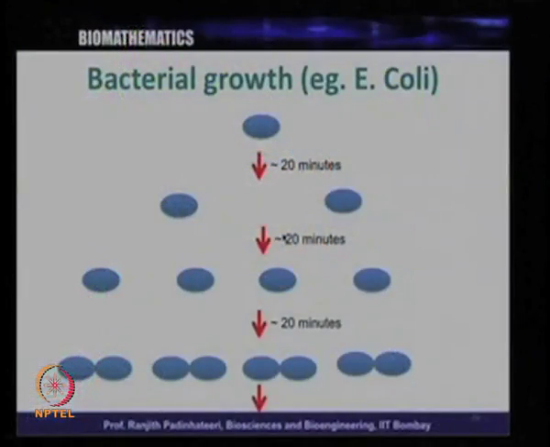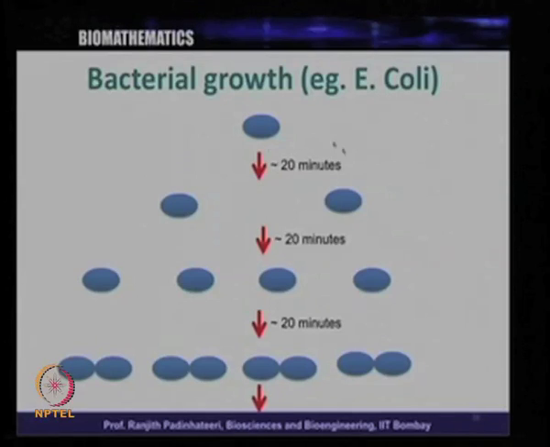So, we want to say bacterial growth. The example is E. coli. When you have E. coli, you start with, let us say, one cell. It divides into 2 in about 20 minutes.